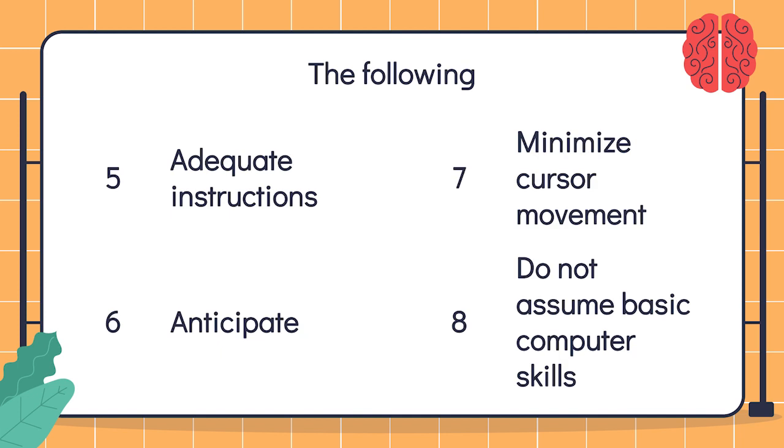Provide adequate instructions and on the screen where needed. 6. Anticipate how different systems will format the questionnaire. 7. Minimize cursor movement. 8. Do not assume more than basic computer skills. Electronic questionnaires should be designed using most of the criteria that have been discussed in the preceding text.